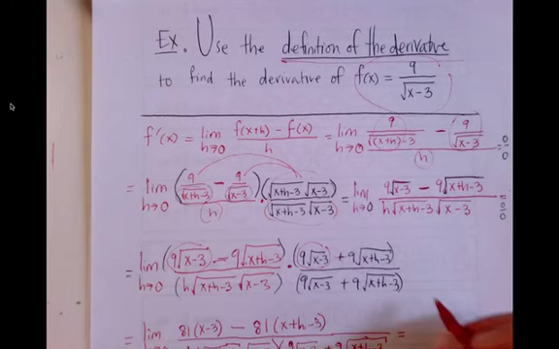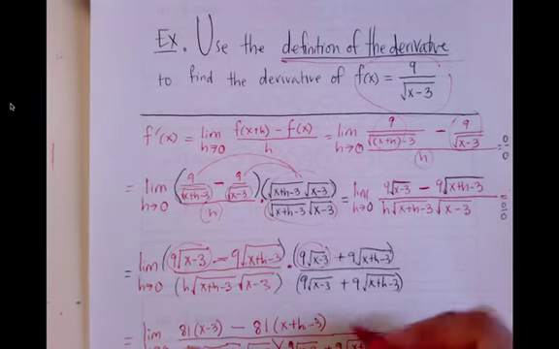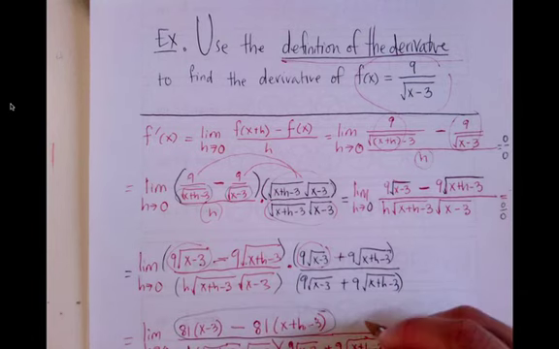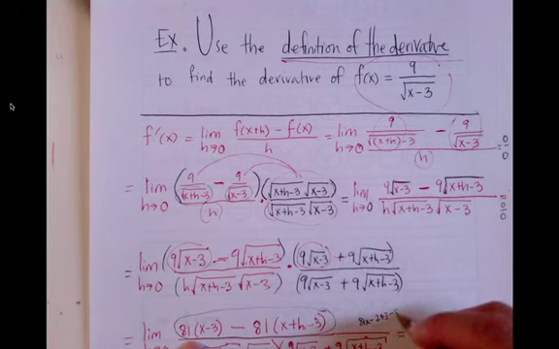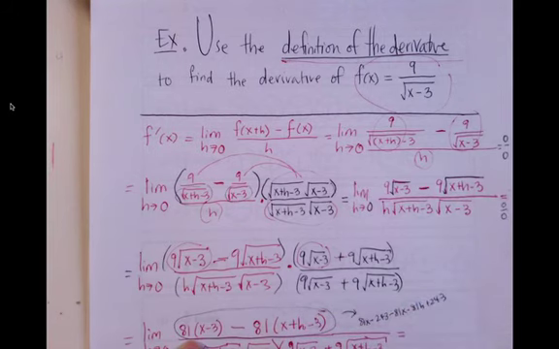Now, in the numerator, if I simplify this a bit, I can see that I'm going to get 81x minus 243 minus 81x minus 81h plus 243. So that's what's going on in the numerator.